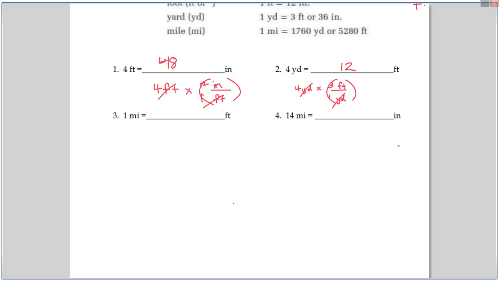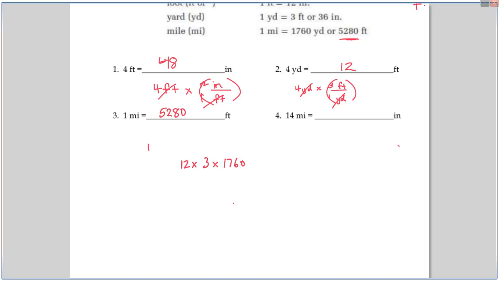Now we're going to do mile to feet. So 1 mile, oh, it tells you right here. It's 5280. So why is 1 mile 5280? 12 inches, good, times 3 yards times 1760.